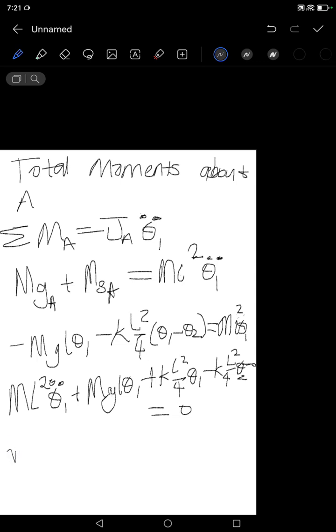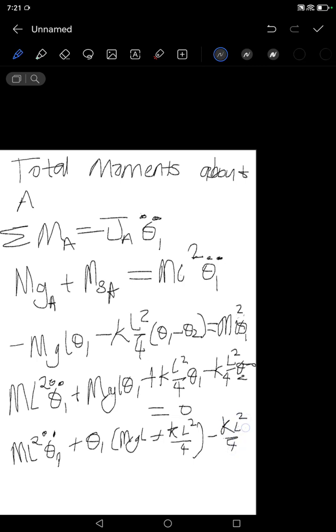So we're going to have ml squared theta dot dot 1 plus theta 1 into mgl plus kl squared over 4, minus kl squared over 4 theta 2, equals to 0.